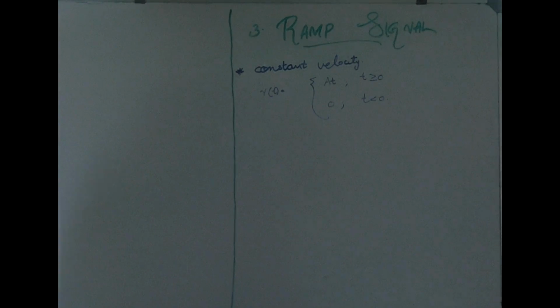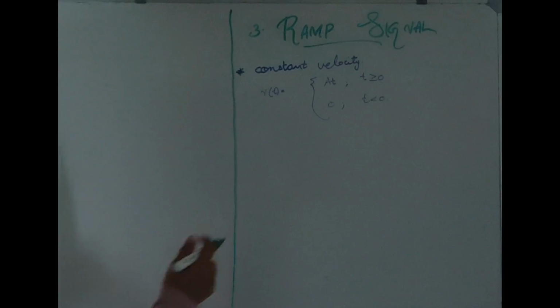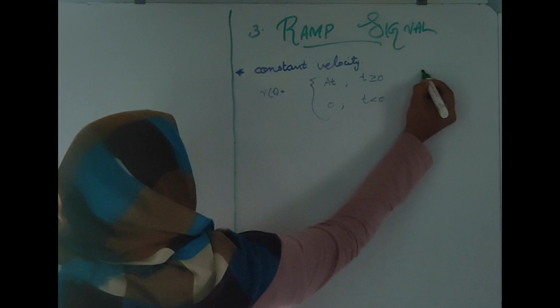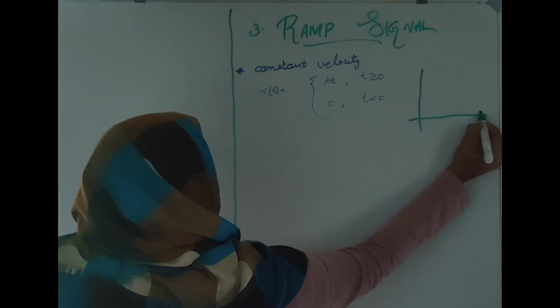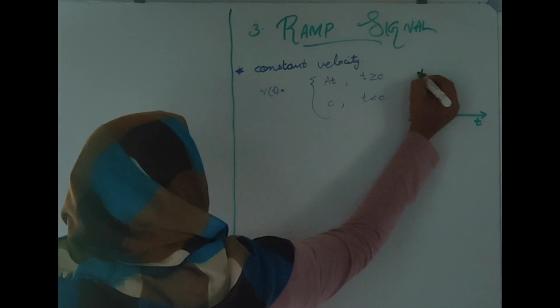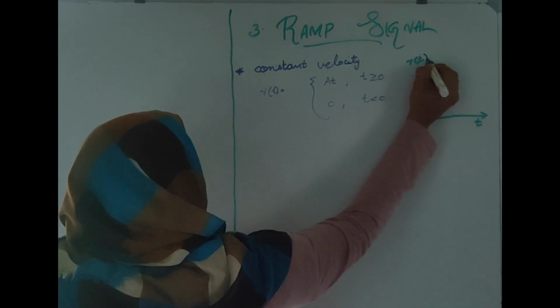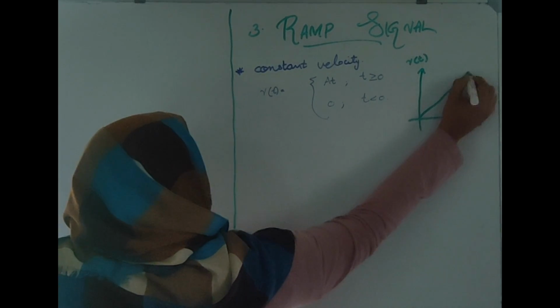And the graphical representation is like this: in the y-axis r of t and in the x-axis time, and it will be a straight line passing through the origin.